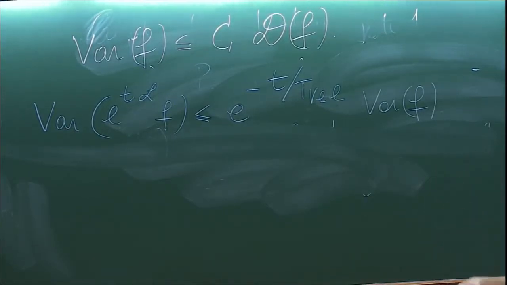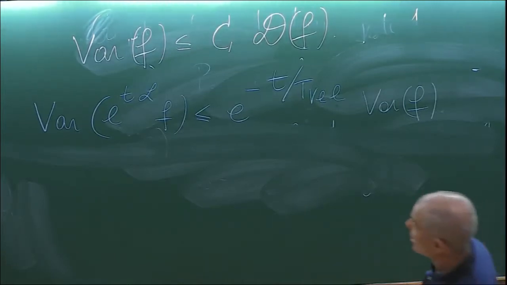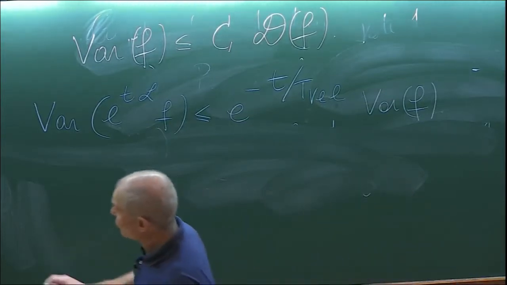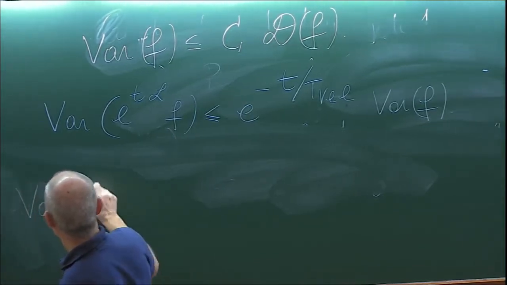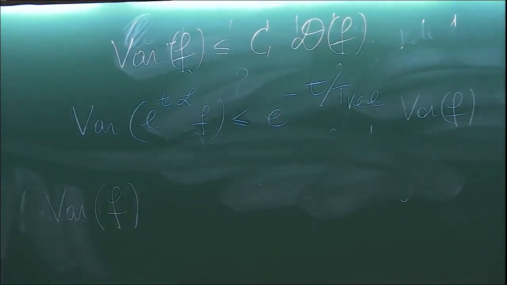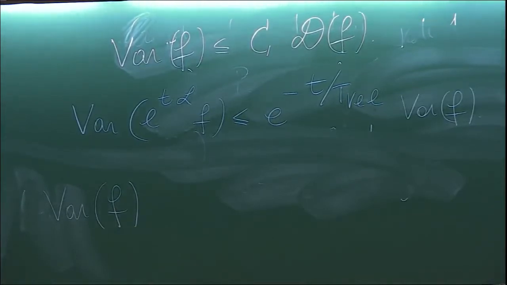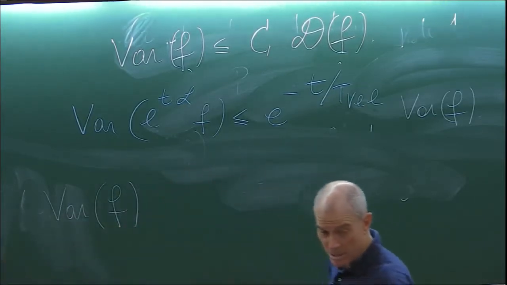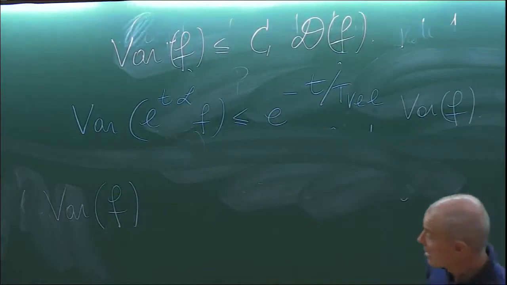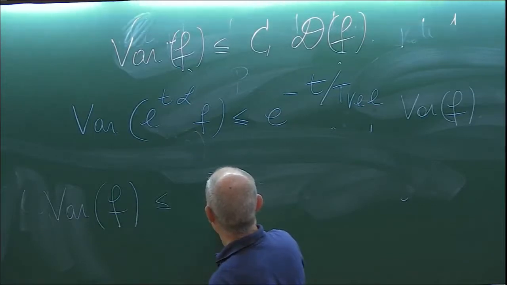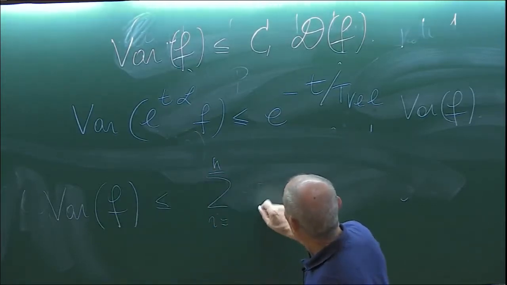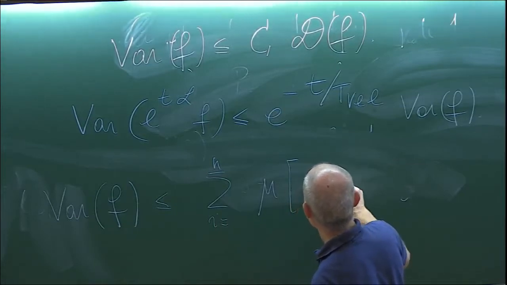For this particular chain, we can compute everything, because it's a trivial chain. Since the measure is a product measure, which I call mu, and we are dealing with independent variables, the total variance of f is always less than the sum of the averages of the local variances.